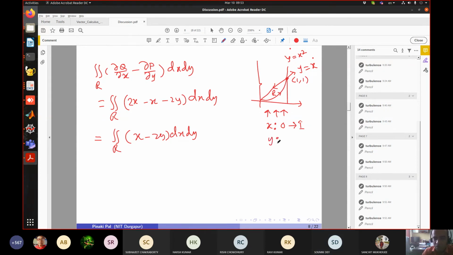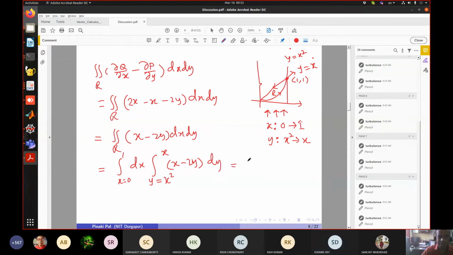So y will vary from x square to x. So the integral is x from 0 to 1 dx, and y from x square to x of (x minus 2y) dy.